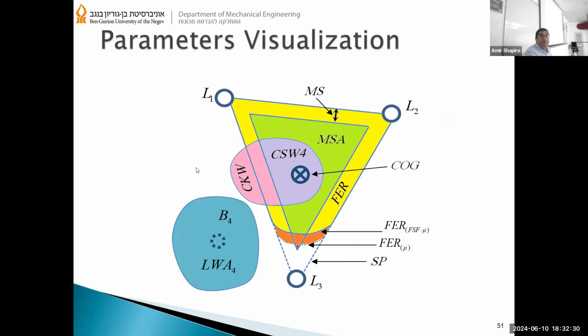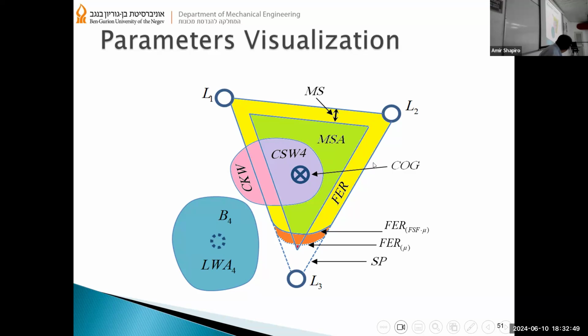So now, when we have four-legged robots, we have 3 contact points. You see here, L1, 2, and 3. We have the support polygon, as you can see here.